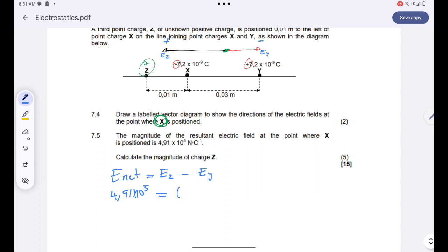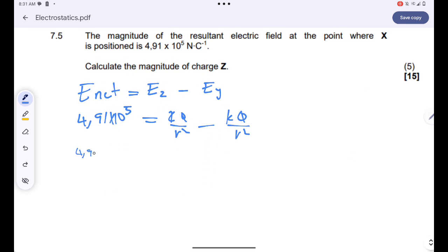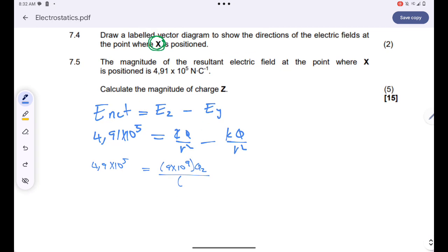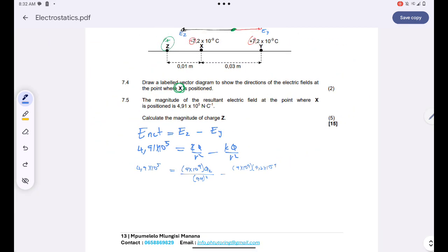That's kQ over r squared minus kQ over r squared. 4.9 times 10 to the power 5 is equal to 9 times 10 to the power 9 multiplied by the charge of Z all over the distance between X and Z, which is 0.01, squared, minus 9 times 10 to the power 9 multiplied by 7.2 times 10 to the power negative 9.